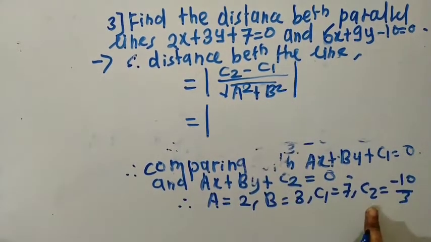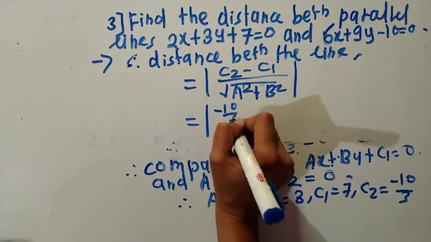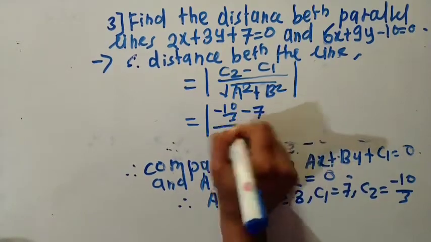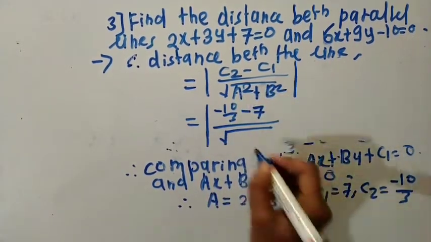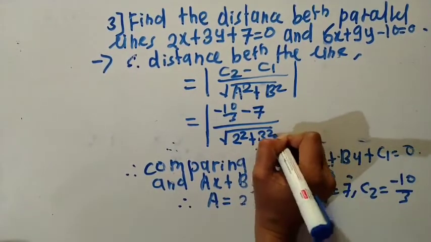Here c2 minus c1 is -10 upon 3 minus 7, upon root of a square, 2 square, plus b square, means 3 square.